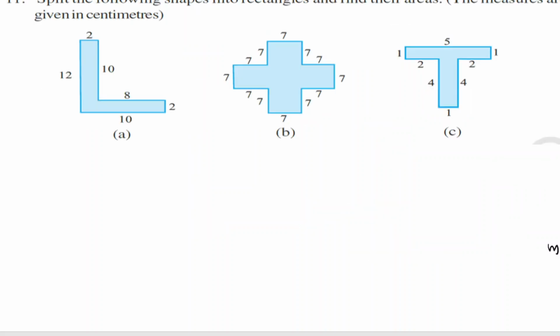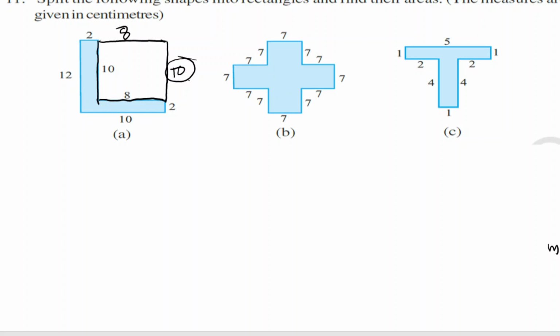And coming to the next one, here this length is given as 8 centimeters and this is parallel to this 8 centimeters, so this length is also 8 centimeters, and here it is given as 10 centimeters and the parallel line to this is 10 centimeters, so this is the 10 centimeters length.